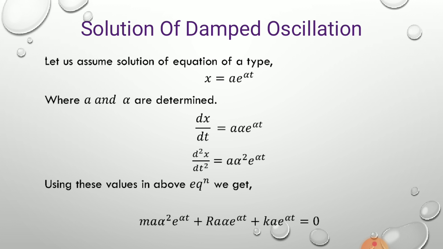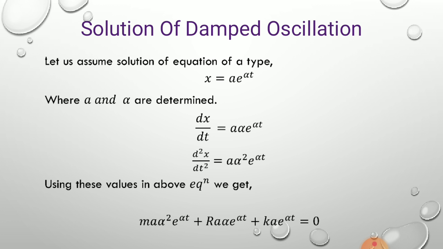Let us assume that the solution of this equation is of the type x is equal to a e raised to alpha t, where a and alpha are constants which are to be determined. Differentiating this equation, we get dx by dt is equal to a alpha e raised to alpha t. Again differentiating with respect to t, we get d square x by dt square is equal to a alpha as it is, differentiation of e raised to alpha t is e raised to alpha t into alpha.